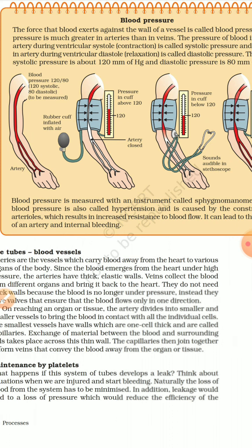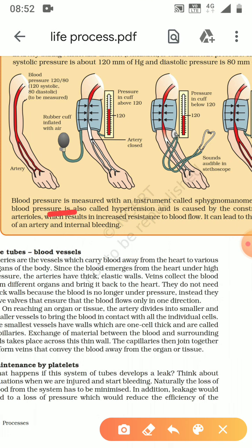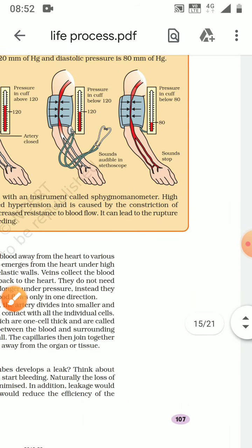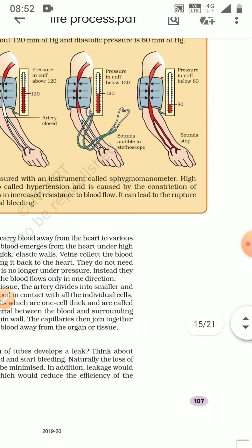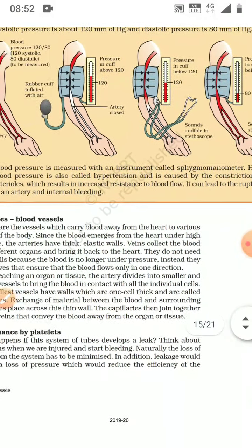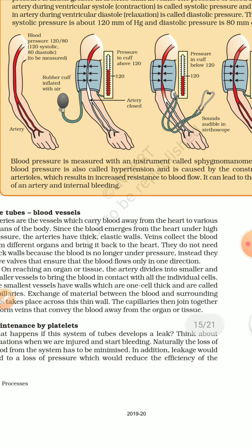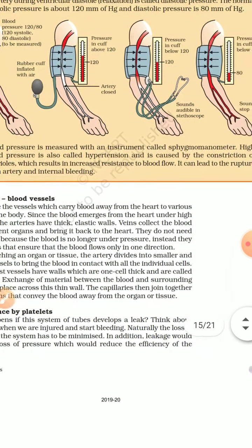High blood pressure creates hypertension, caused by the constriction or shrinking of the arteries' inner part, which increases the resistance of the blood flow.